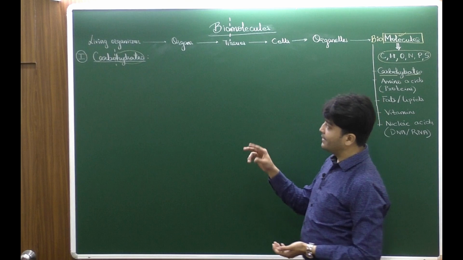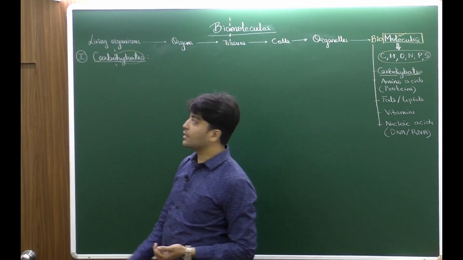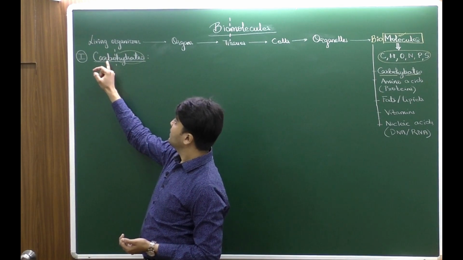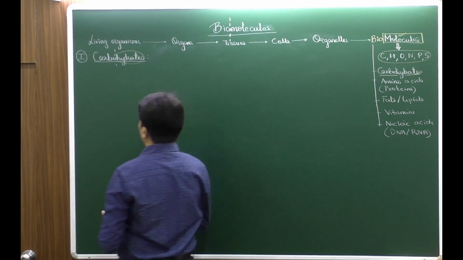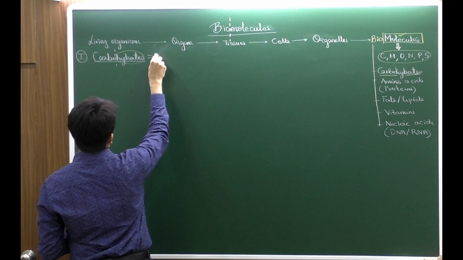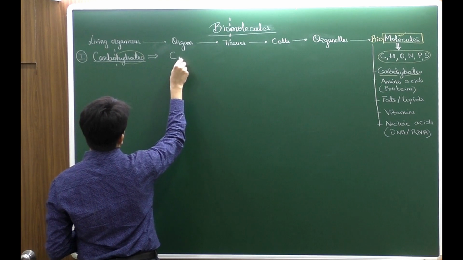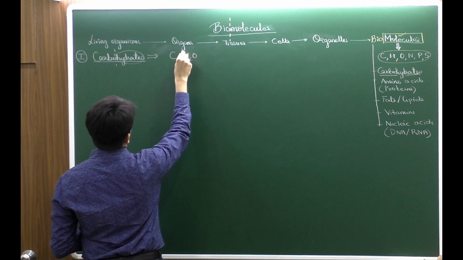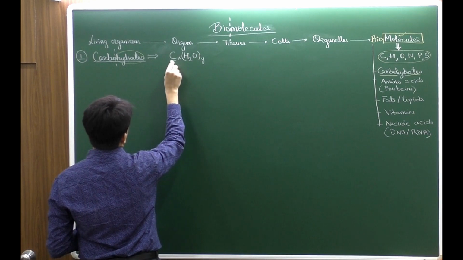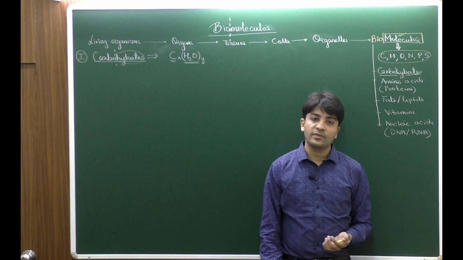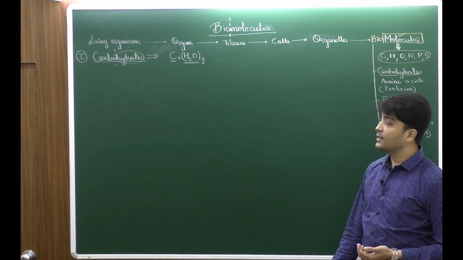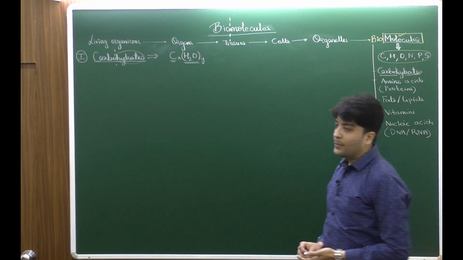So carbohydrates, at the first instance, are compounds in which the carbon is surrounded by water molecules. That's the reason carbohydrates were represented by the formula CxH2Oy. The carbon atom is surrounded by the water molecules, and that's why they are represented by the formula CxH2Oy.